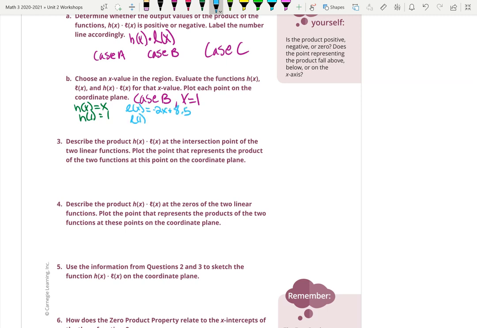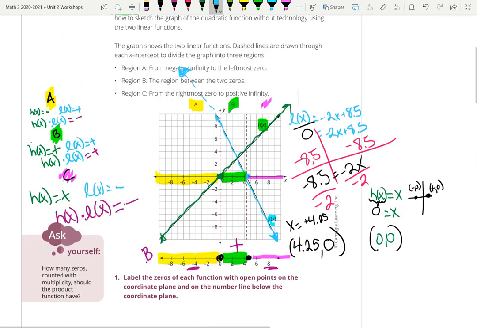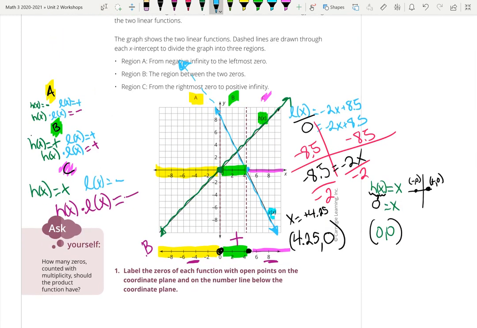When x is 1, it's going to be negative 2 times 1 plus 8.5, which would mean the output when x is 1 is going to be 6.5. If I go to my graph, when x is 1, notice how it's about 6.5.